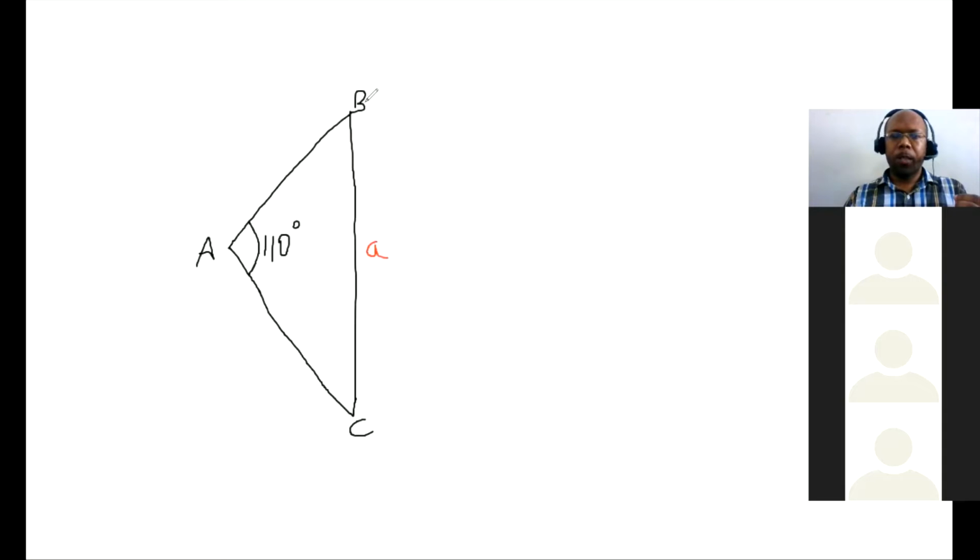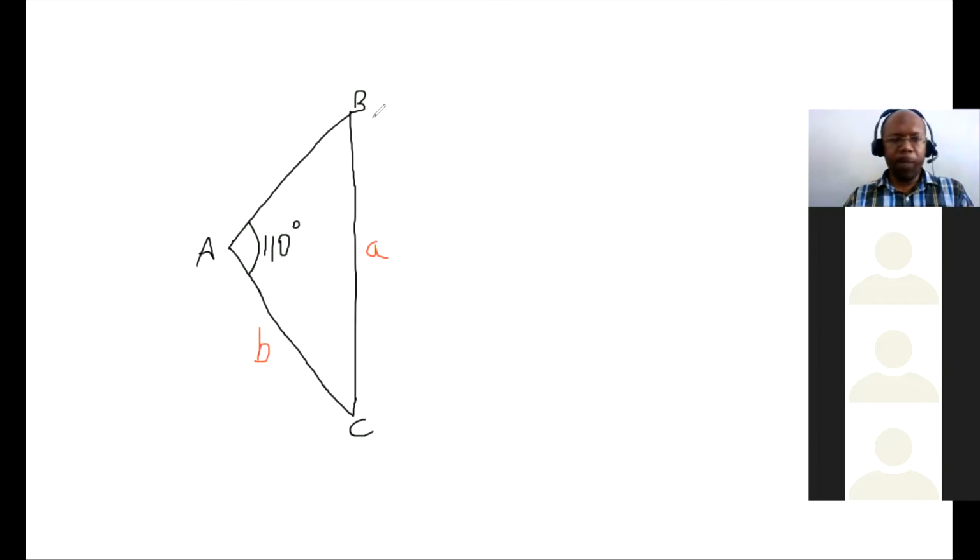And here we have the side AC. The angle opposite will be B. You see that? Let me see if I said it clearly. I don't want to make a mistake here. The side AC has a name. It will be related to the angle opposite of that side.